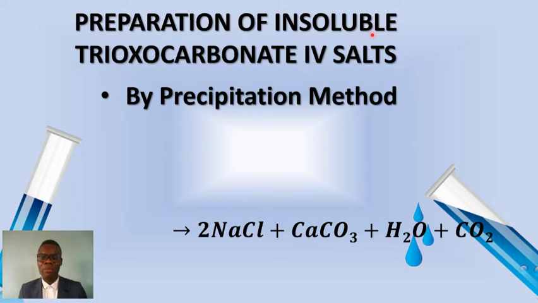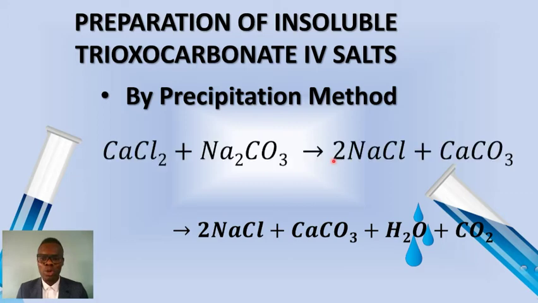Now, when both of them react, they will both decompose, which is the reason why it is called double decomposition, to form a soluble salt and an insoluble salt. So you have this salt containing a CO3 radical, then another salt containing the other radical of your choice.